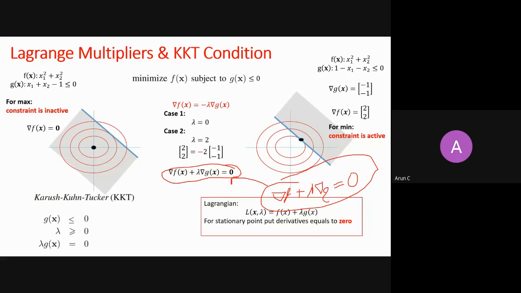And when you take the derivative of the Lagrangian with respect to lambda, what will you get? You will get g(x), only g(x). And you put it equal to 0, it is a boundary condition, when your constraints are active. So this automatically holds through the Lagrangian. So you can actually merge your constraint with your objective function by multiplying it with a multiplier, which is known as lambda.